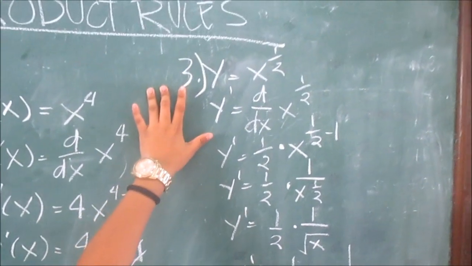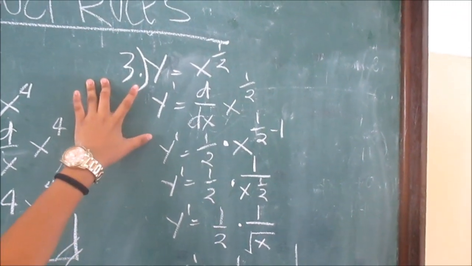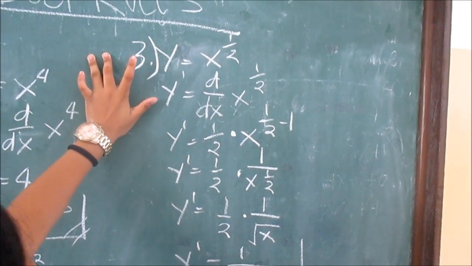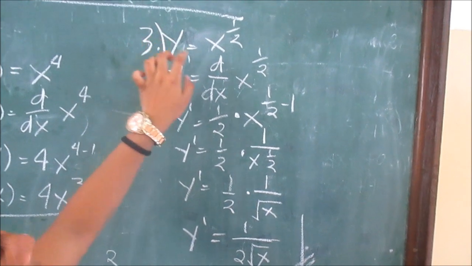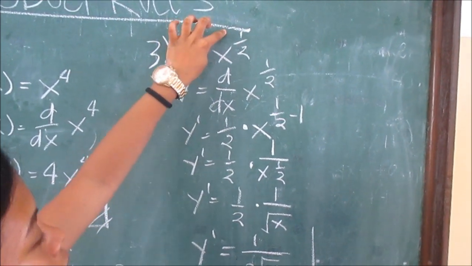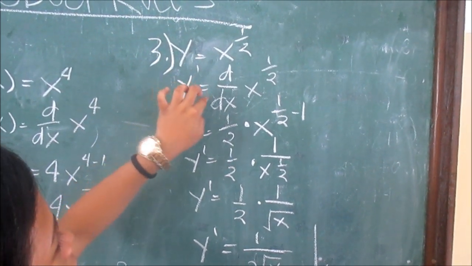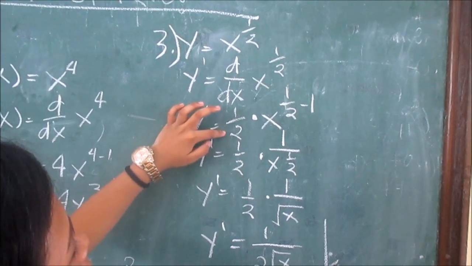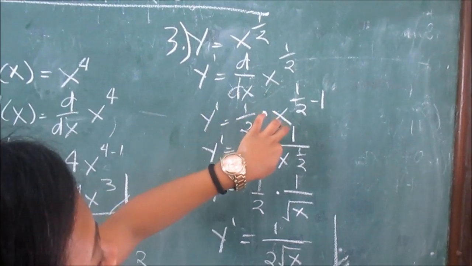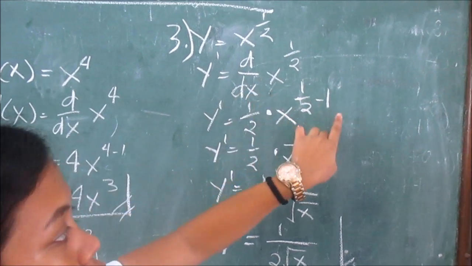So we are going to get the product of these functions. So y is equals to x raised to the power of 1/2. So the derivative of x raised to the power of 1/2 is 1/2 times x raised to the power of 1/2 minus 1.